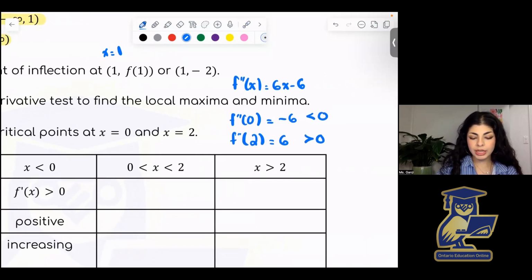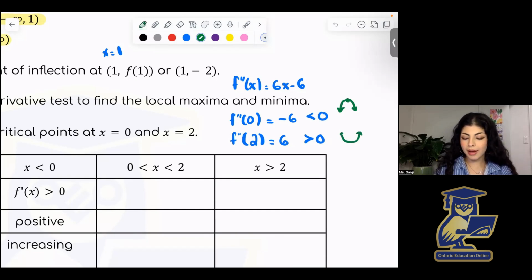So this portion is telling me that I have concave down. And in this part, I have a concave up. So then in this case, this is a local maximum. And again, it's only on a certain interval, a small interval that contains 0.